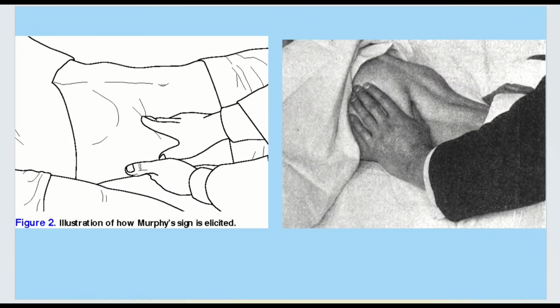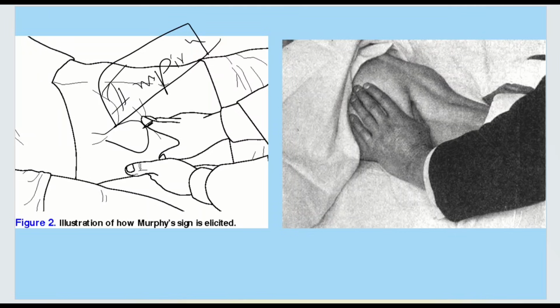Now here I have shown two pictures. Last class also I have shown these two pictures. The first one is how Murphy's sign is elicited. Can you see? The examiner is pressing over the right hypochondrium, and we ask the patient to take a deep breath. At the height of inspiration, the patient will have a catch in breath because the inflamed GB will touch the finger of the examiner and the patient will have severe pain.